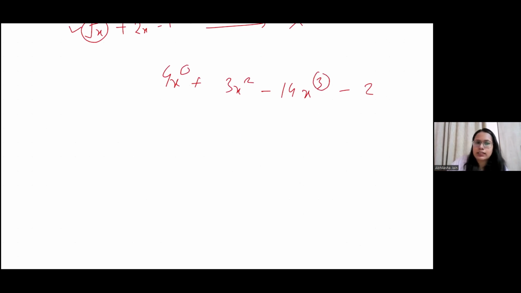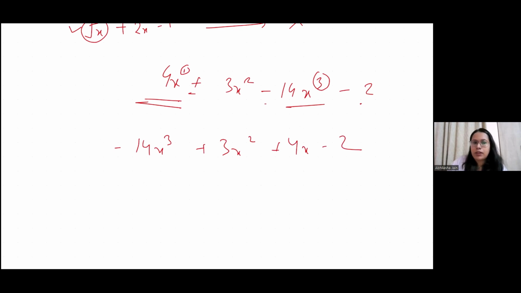It does not matter that it was written first, okay? Because this is plus minus. You can write it as minus 14x cubed plus 3x squared plus 4x minus 2, or you can write it in any other way. The easiest way to write is always in the descending order of degrees of variables. That's how it's universally accepted.